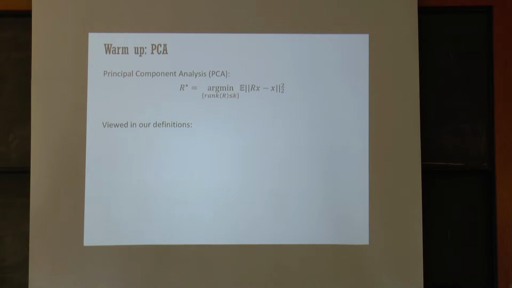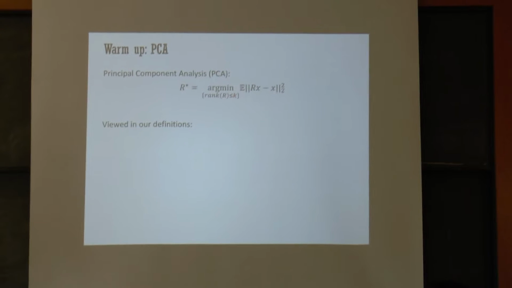So principal component analysis, the standard definition is that we have some data, and we want to find a low rank projection that maps the data to some low rank subspace, and maintain as much mass as possible compared to the original data.